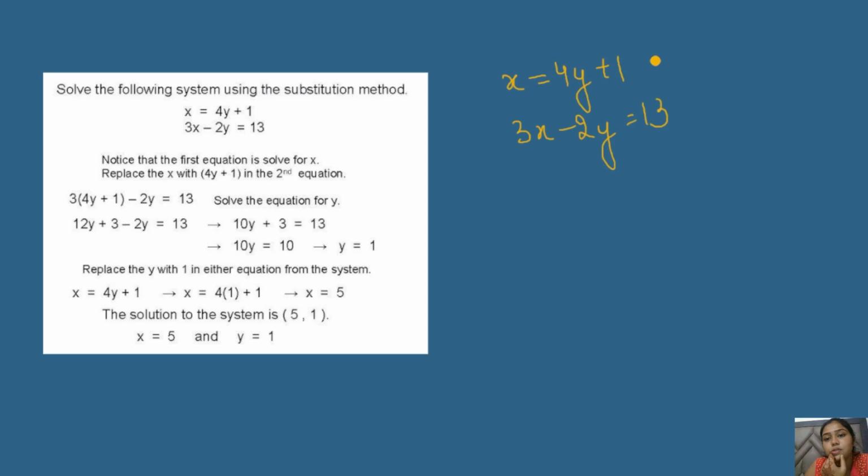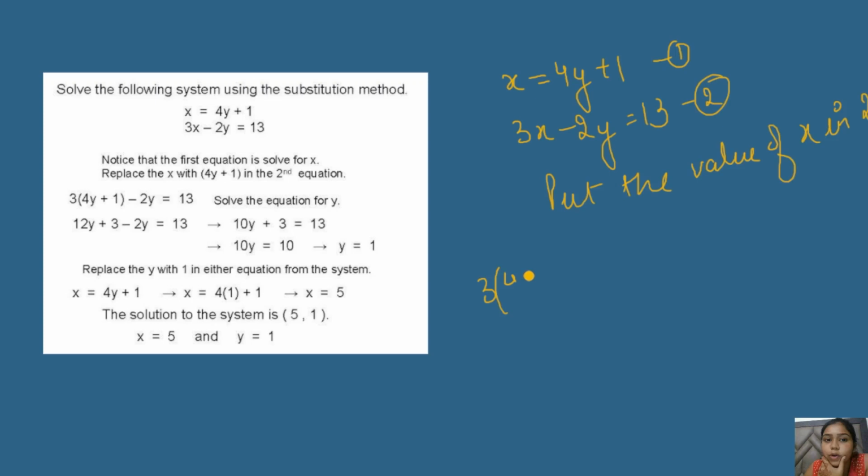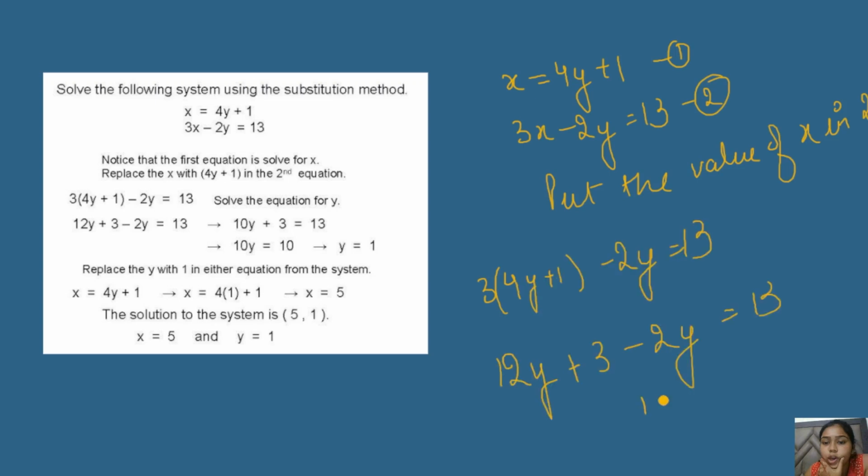So you will get 3 times (4y plus 1) minus 2y equals 13. Multiply them and take out the solution, and you will get 10y equals 10 and y will be equal to 1. Put the value of y in equation number 1. x will be equal to 5. I hope the substitution method is clear to you.